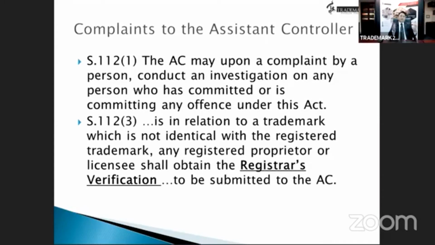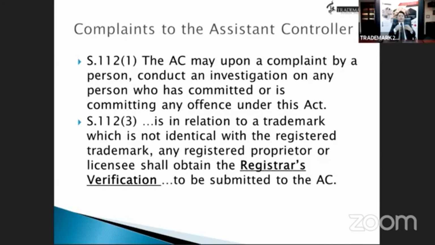Any registered trademark owner may lodge a complaint to the assistant controller to conduct an investigation if there is any suspected counterfeiting, falsely applied trademark, or any offenses committed under the Act. That is under section 112.